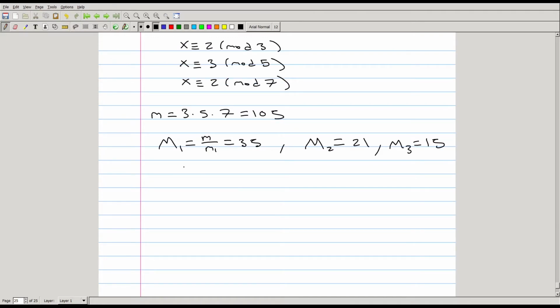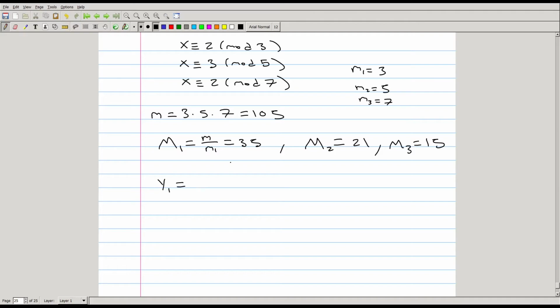And it's relatively easy to find the inverse of 35 modulo m1, modulo 3. m1 here is 3, m2 is 5, and m3 is 7.